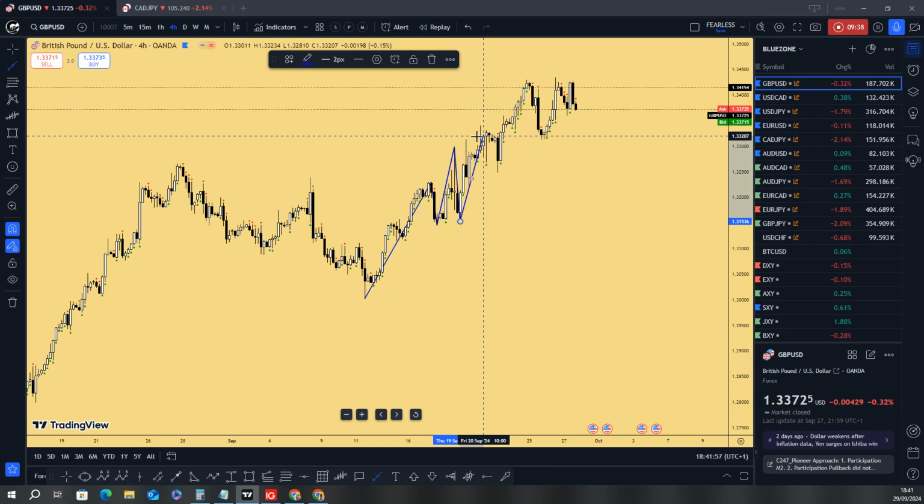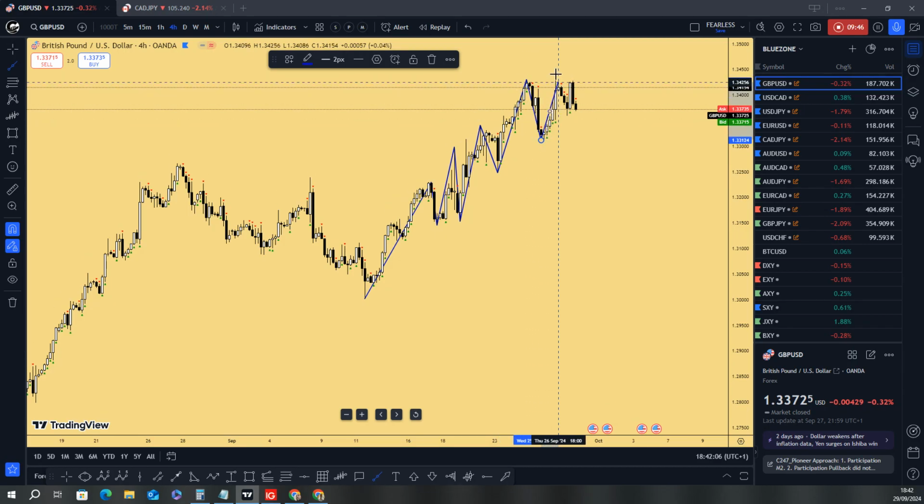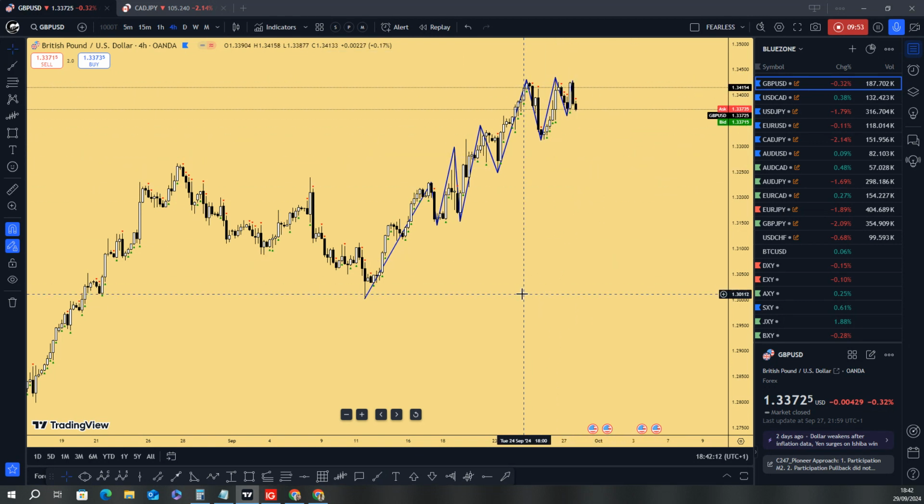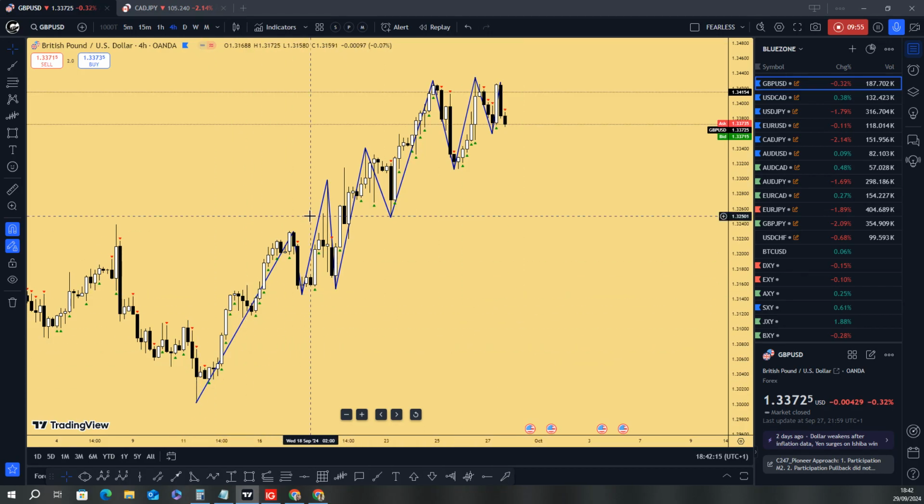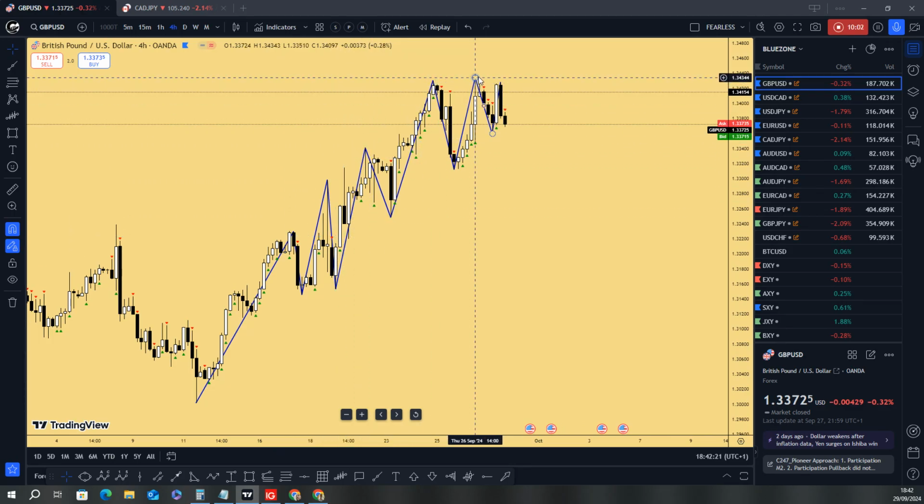There's no pullback here. So basically this is what we have. 1, 2, 3, 4, 5. This is still a leading move, but we are seeing a sign of a correction.